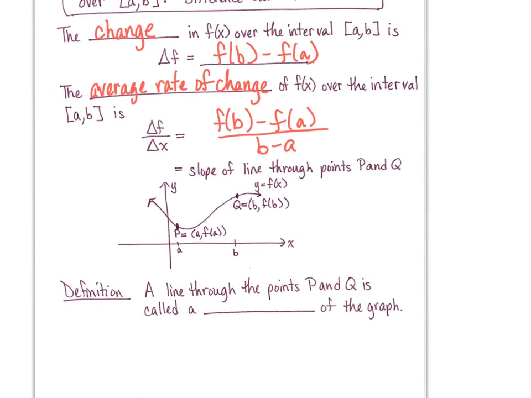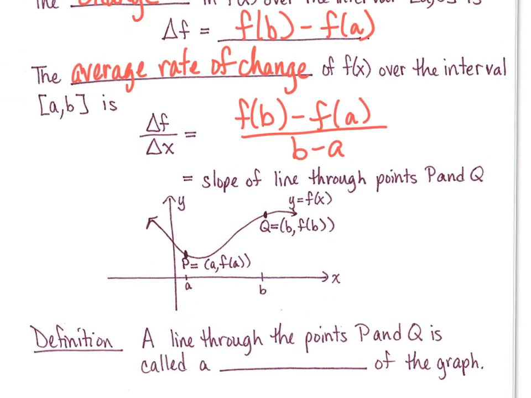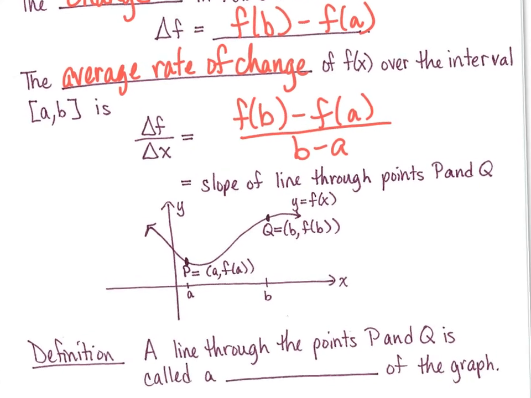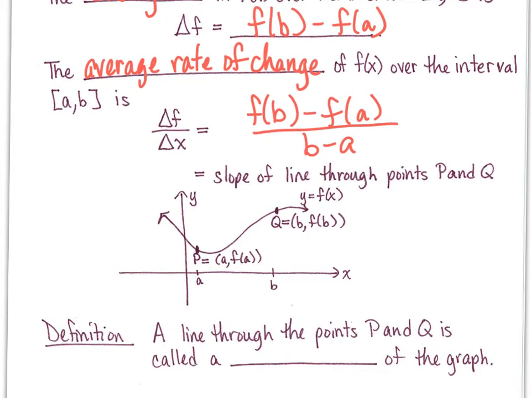One thing is also known as the slope of the line through the points P and Q. Graphically what's happening is you have a function, f of x, and 2 points P and Q. The point P is given by A, f of A. The point Q is given by B, f of B. And then the slope of this line is the slope of the straight line going through those 2 points.